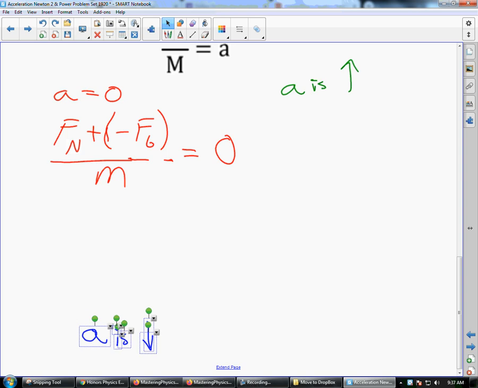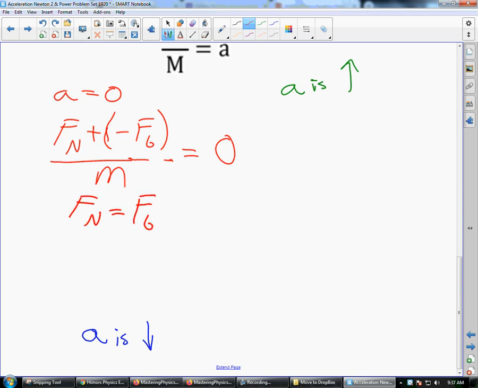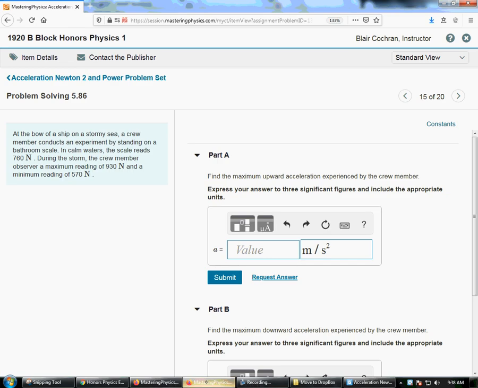So now, skipping a little bit of algebra, I can say the normal force equals the force of gravity, which is mg, right? And they tell me my normal force in this case, 760 newtons for me.